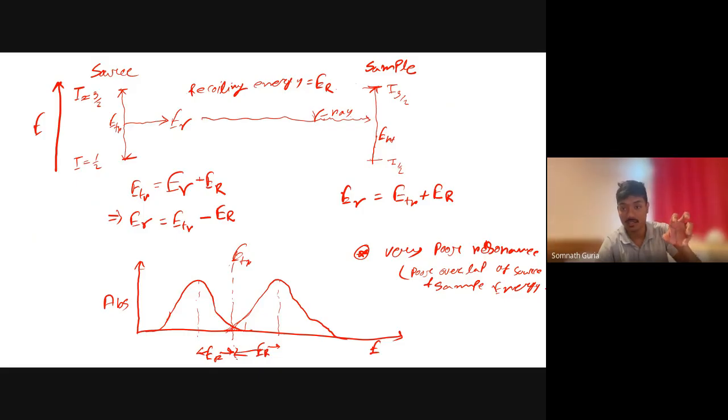He made a lattice where my source will be there, and also he made another lattice for the sample. That means my source and sample are in solid phase.